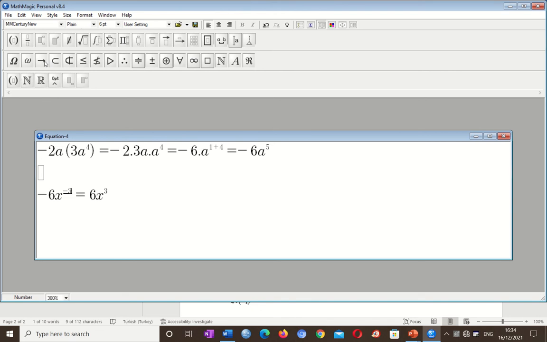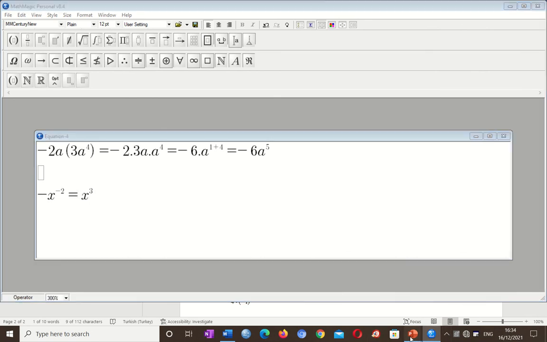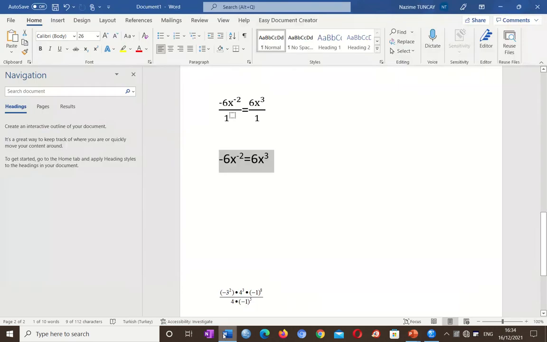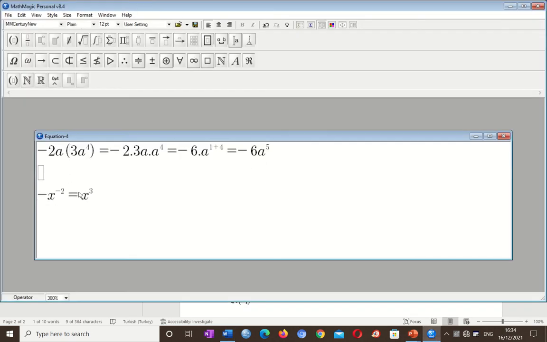I'm going to divide both sides by 6 first of all, and then by x to the power minus 2. Let me check whether I copied it correctly. Yes, I copied it correctly. So I am going to divide by x to the power 3 both sides.